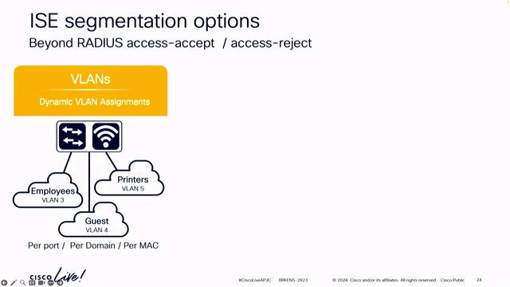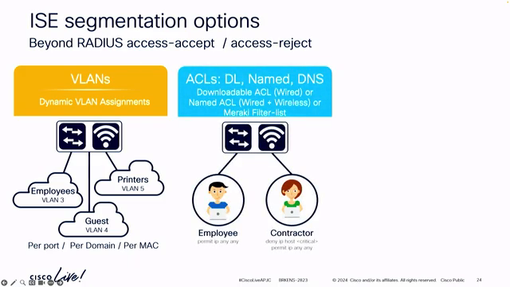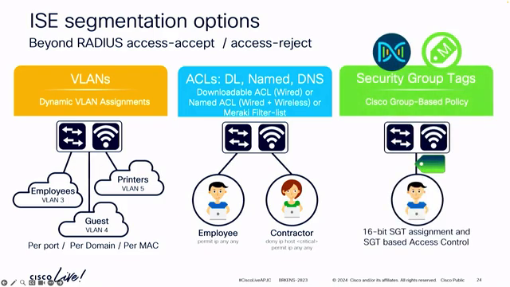So this is all about simple authentication and authorization that ICE as a NAC used to do all the time, right? You can assign a dynamic VLAN as part of authorization. You can also push a downloadable ACL, which means on demand, on the subscriber session, you can put ACLs. But what we are interested in is the security group tag. ICE can also allow you to push a security group tag as part of authentication and authorization.